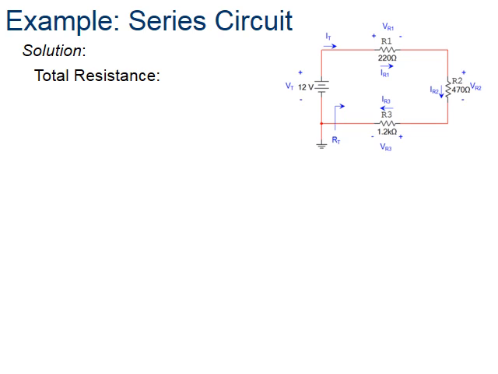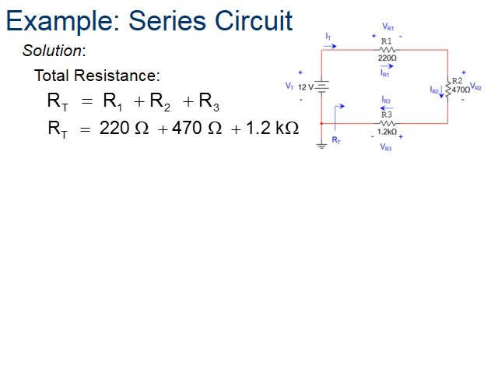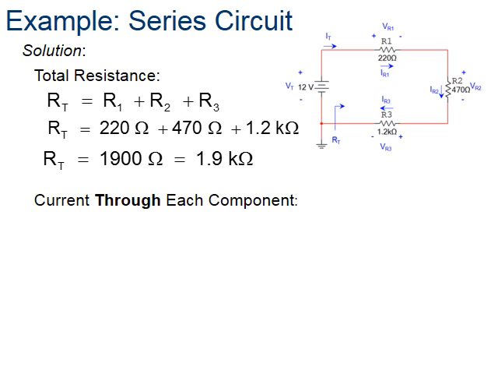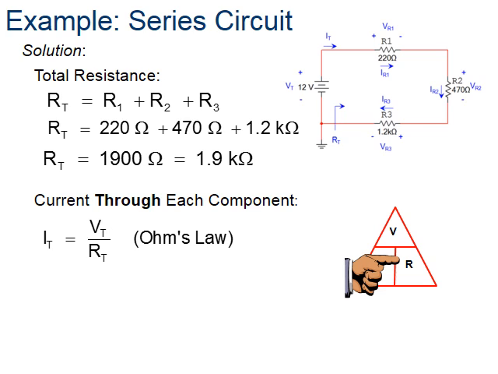So let's take a look at resistance. In a series circuit, all the resistances just simply add up to be the total resistance. So we simply take 220 ohms plus 470 ohms plus 1200 ohms, and we get 1900 ohms, or 1.9 kilohms. But we want to know the current through each one. So we take I total equals V total over R total, but we still really don't know V total, or do we?